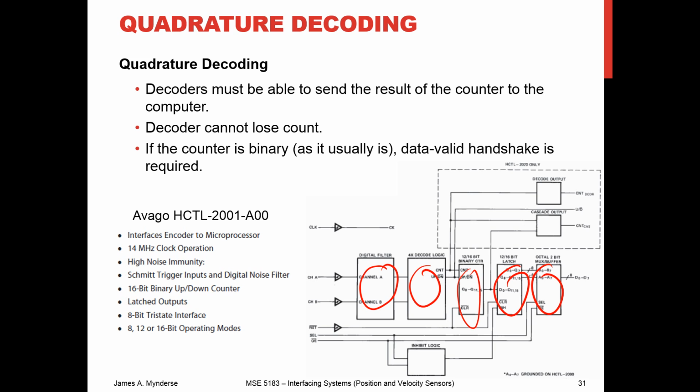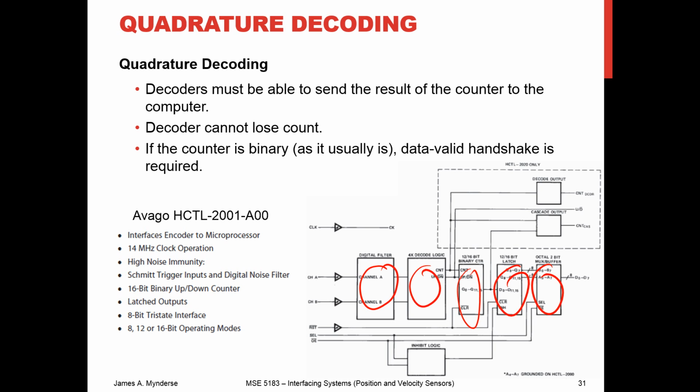But what could possibly go wrong? Well, if we do this in software, then again we've got a computation issue. If we ever lose count, remember that there was nothing in there that tells you exactly where you are. If you lose count, you're sort of lost. And if it's binary, then the same sort of problem as before.